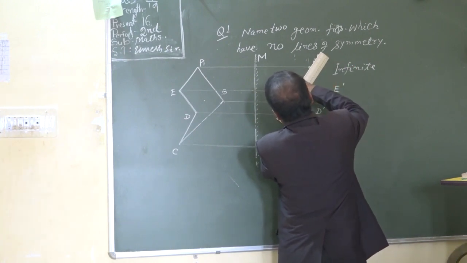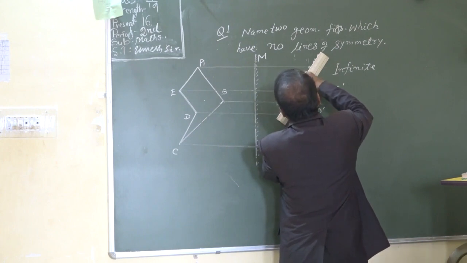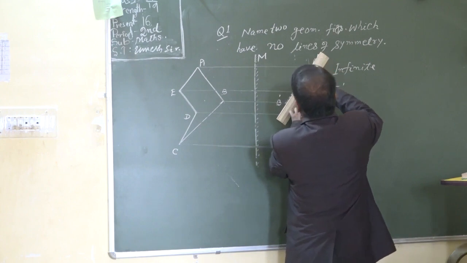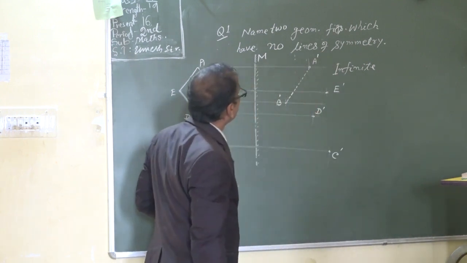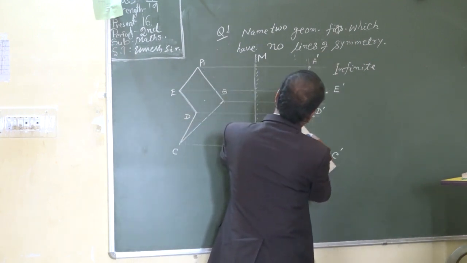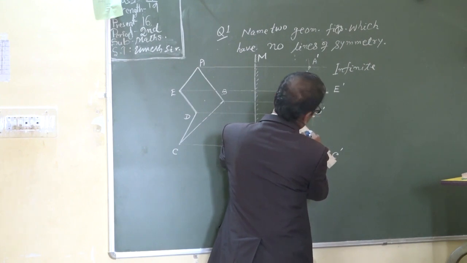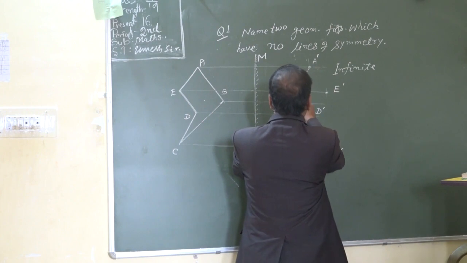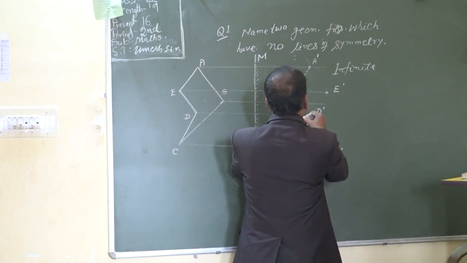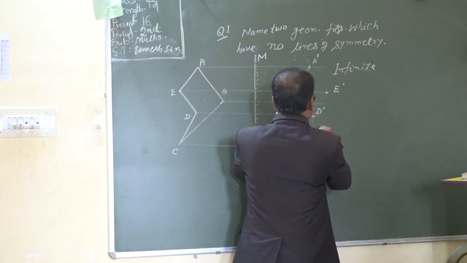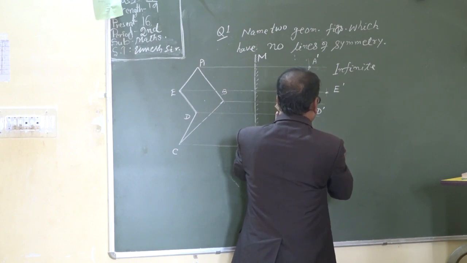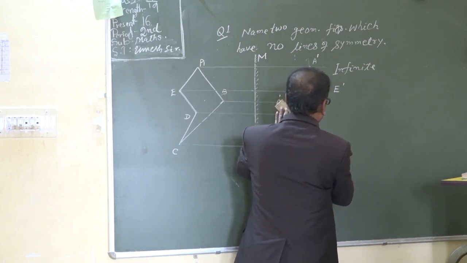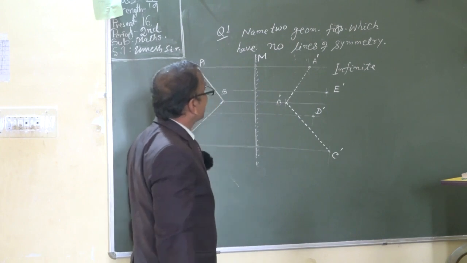Remember, the images are drawn with dotted lines. So these are the dotted lines, A dash, B dash. Then B dash to C dash.